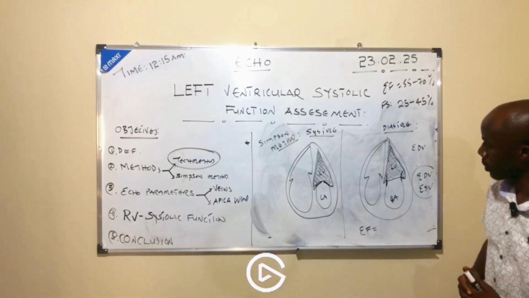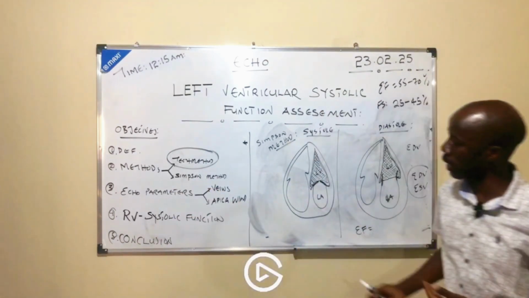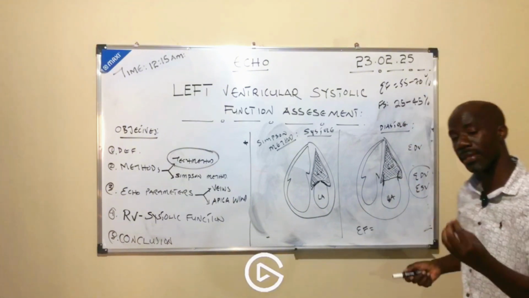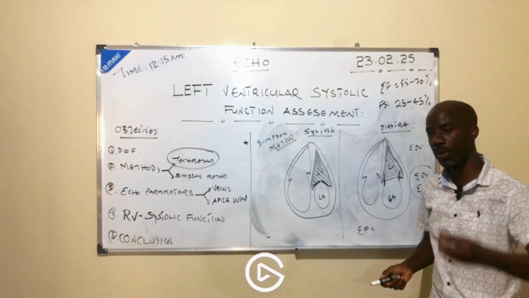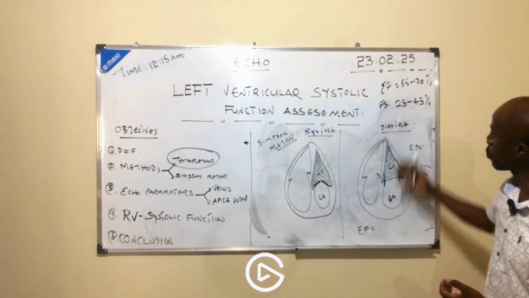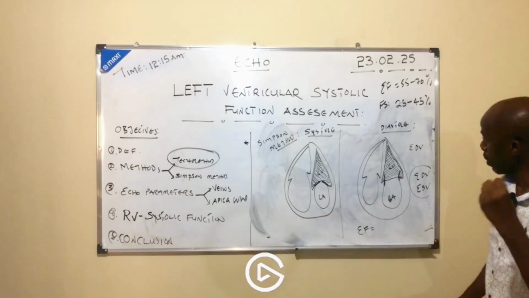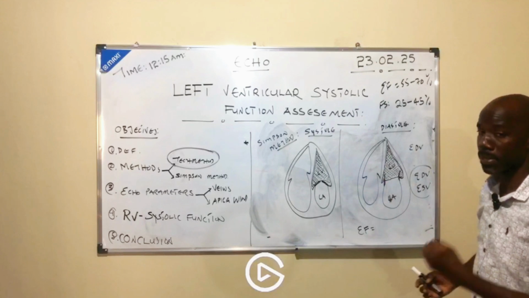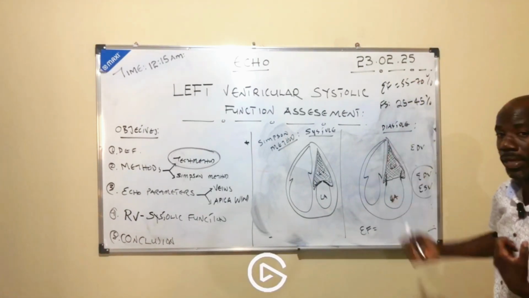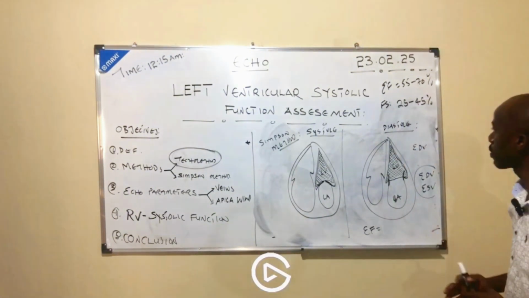The major echo parameters you need to take note of are the ejection fraction, which is the amount of blood ejected out of the left ventricle per minute, and also the fractional shortening, which is the contractility of the myocardium of the left ventricle, calculated as a percentage. The ejection fraction is 55 to 70, depending on the guidelines you are using, and the fractional shortening is 25 to around 45%.